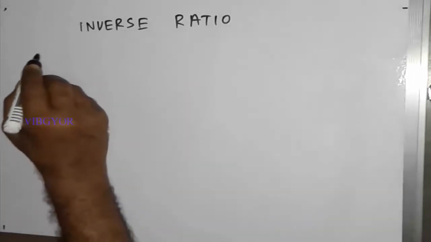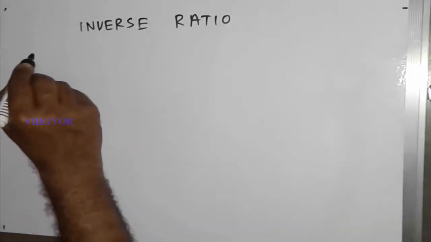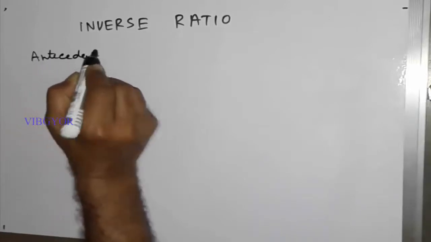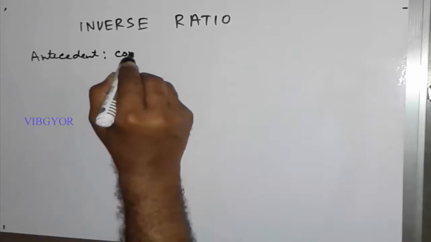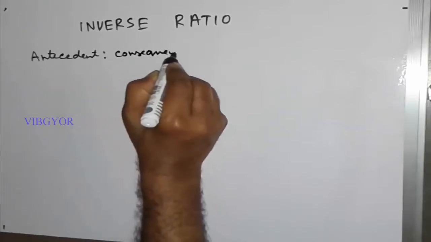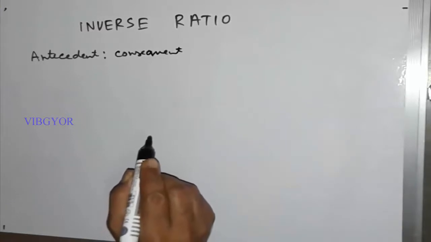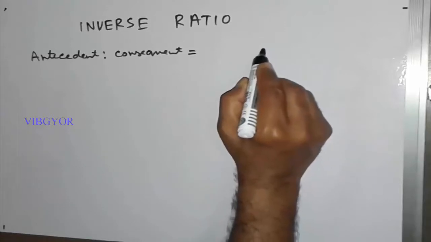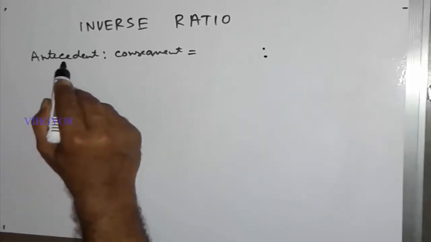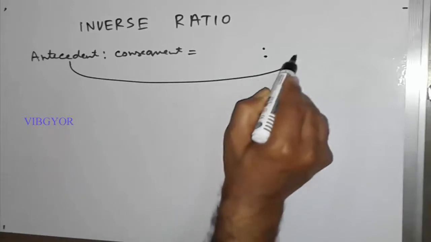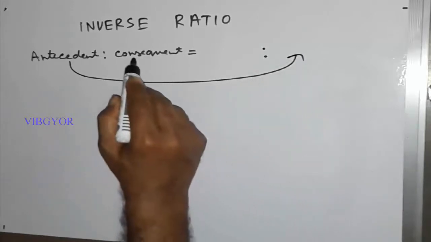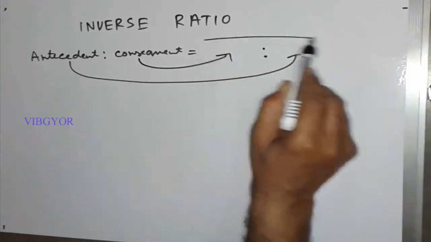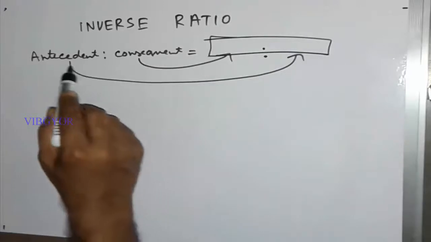That is, in a ratio we know the first term is antecedent and the second term is consequent. If a new ratio is formed where antecedent becomes consequent and the consequent becomes antecedent, in this case the new ratio will be called the inverse ratio of the first ratio.